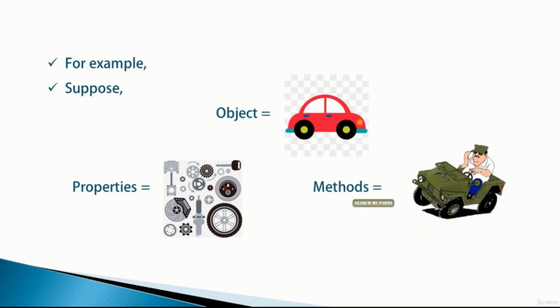It means if the car has a model number, number of doors, glasses, number of wheels, these all parts are properties of the car object, whereas open door, accelerate, turn on headlights and every functionality of the car are methods of car objects.